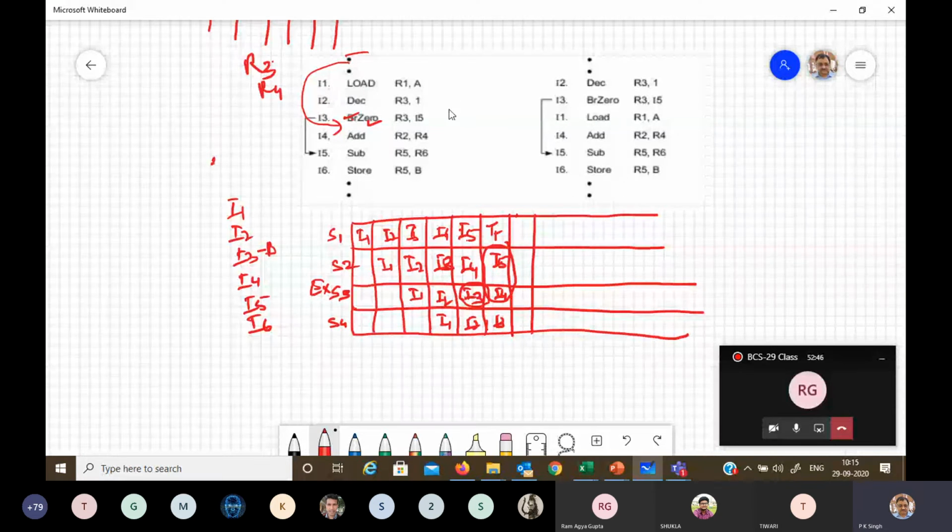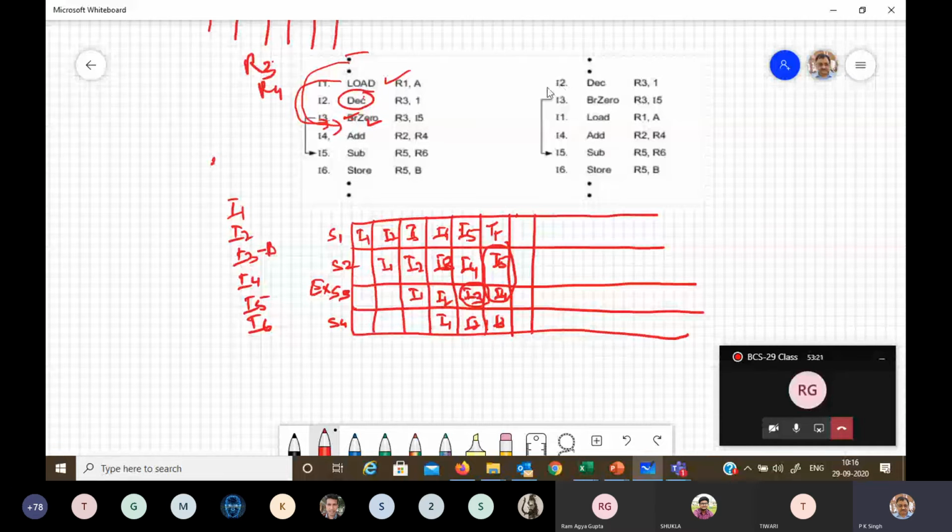So what we can do, just see: the decrement of R3 by 1 is dependent on this branch instruction, so you can't move this code. But load R1 is independent, so you can move it here after I3.